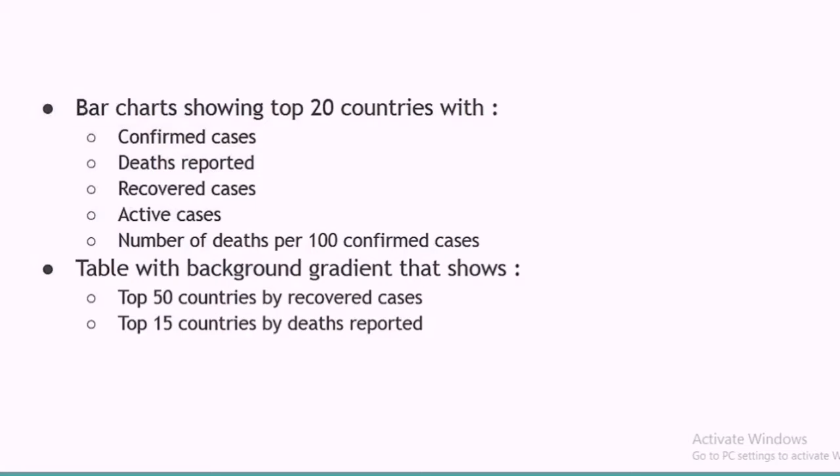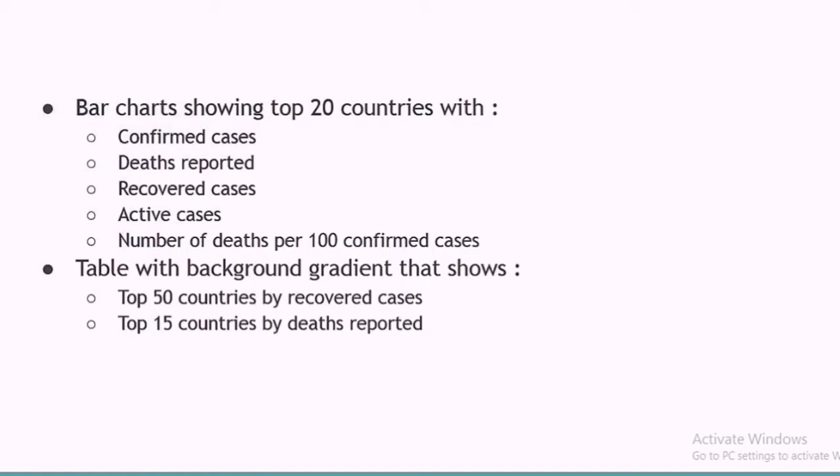And a bar chart showing top 20 countries with confirmed cases, deaths reported, recovered cases, active cases, number of deaths per 100 confirmed cases, and also a table with a blue background gradient that shows top 50 countries by recovered cases and 15 countries by deaths reported.